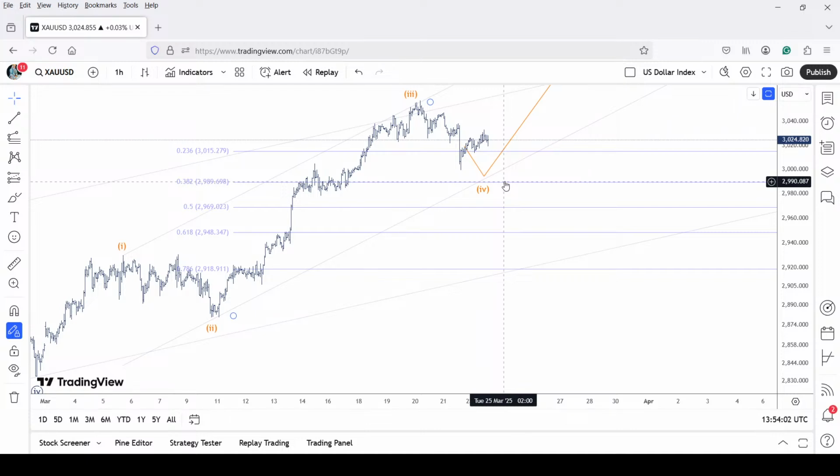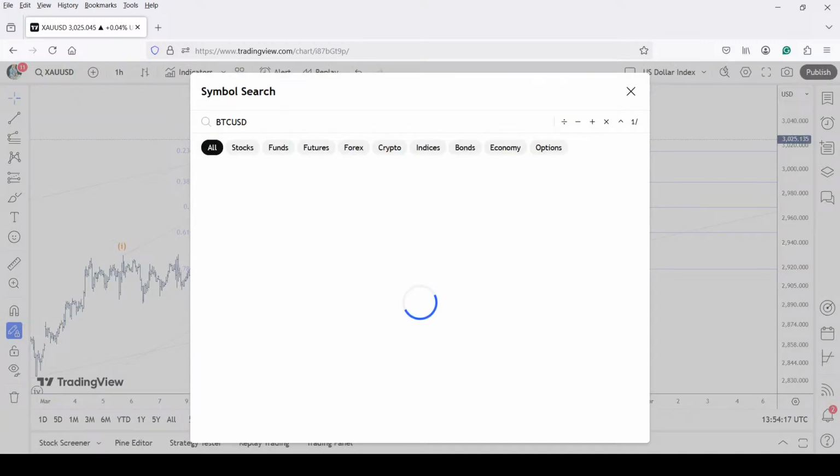All right. So these are the stories. We'll be waiting for Bitcoin and the Dow Jones to retrace a bit higher from where they are trading right now. Let's have a quick look at each of them.